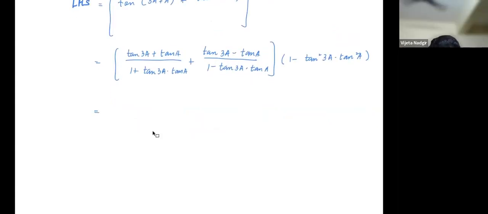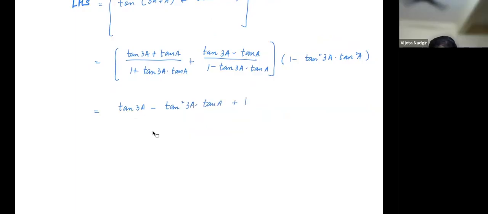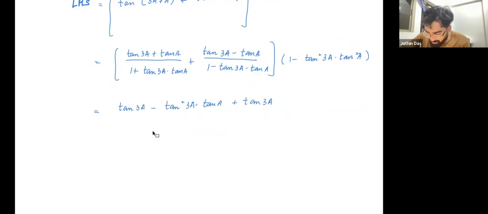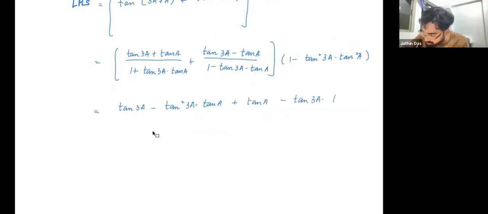Sir, I got tan 3a, but I got it like minus 2 tan... 3a minus, you got tan square 3a into tan a plus tan 3a. Tan 3a तो multiply हो गया tan a minus tan 3a into tan square a. हाँ. Okay.